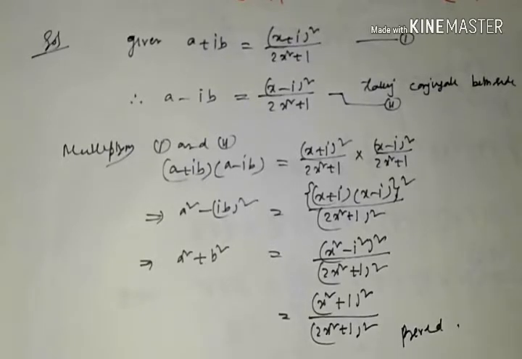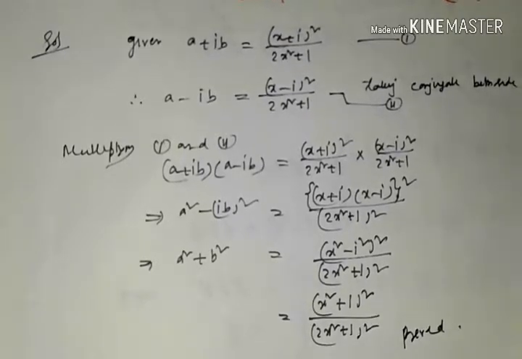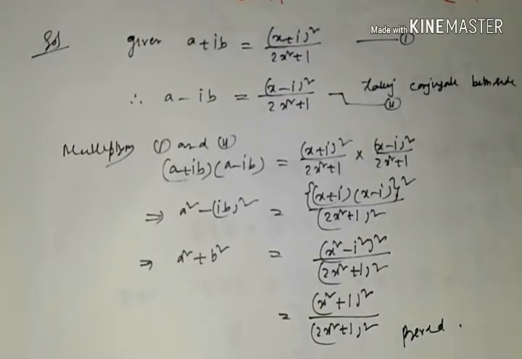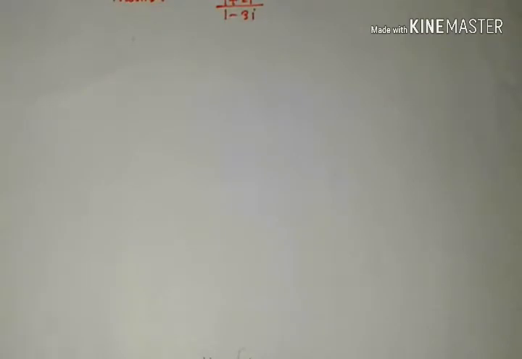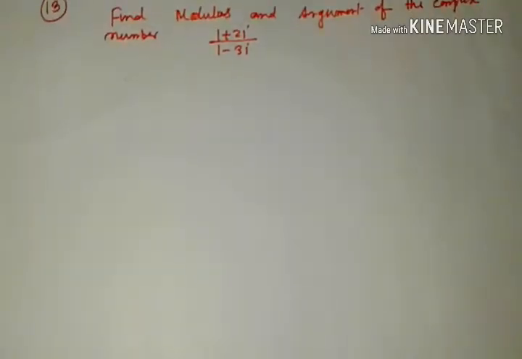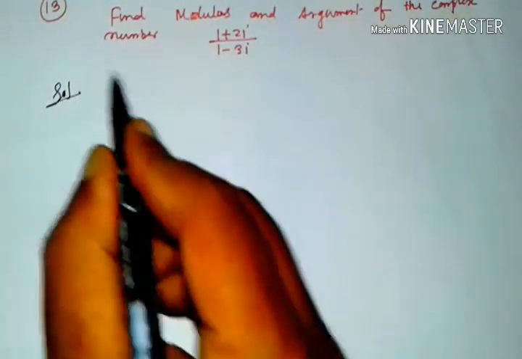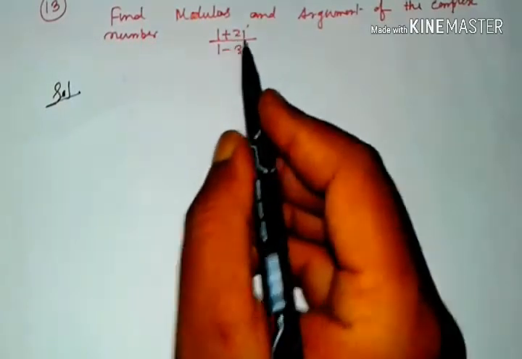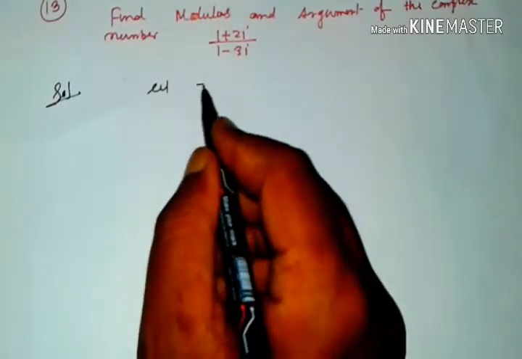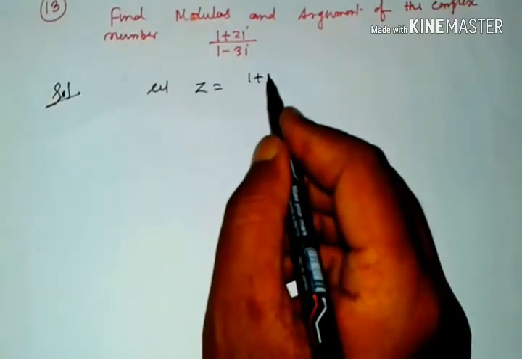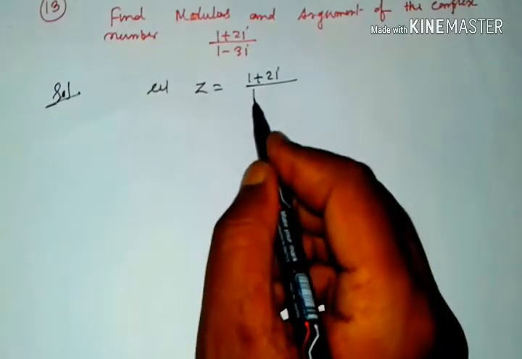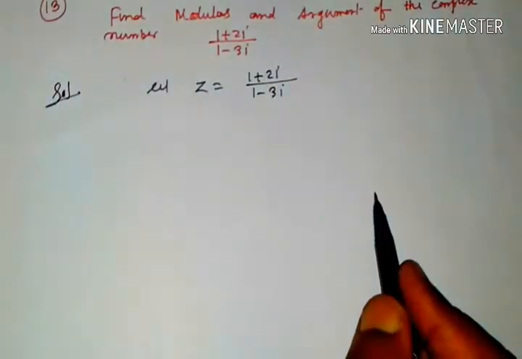Next problem that I want to discuss is also most important from the examination point of view. Find the modulus and argument of the complex number. That is the solution. Let z is equal to (1 plus 2i) by (1 minus 3i).